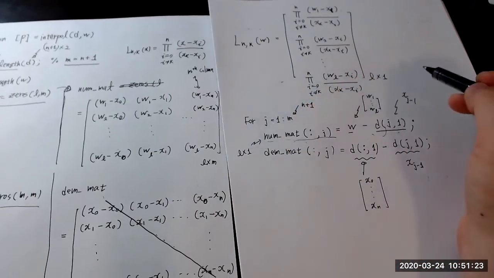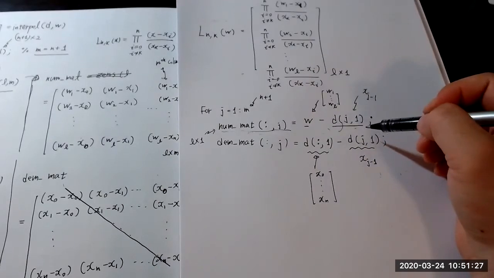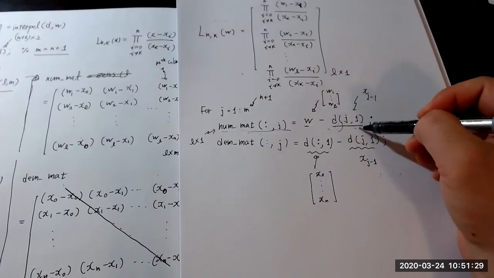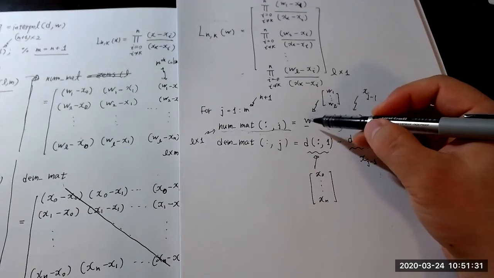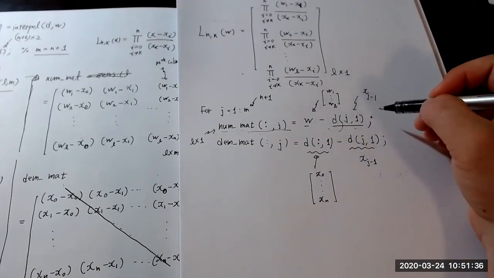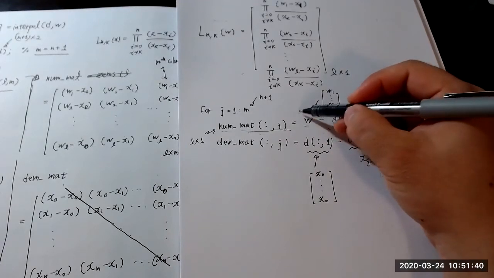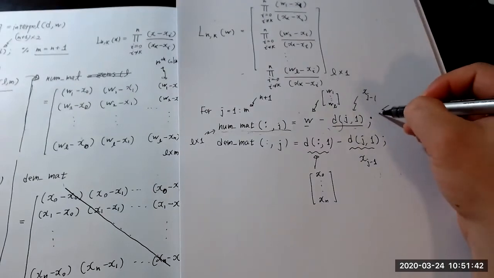Is this L by 1? Yes. Why? Because this is a real number and this is the column vector W, whose size is L by 1. So this is also going to be L by 1.